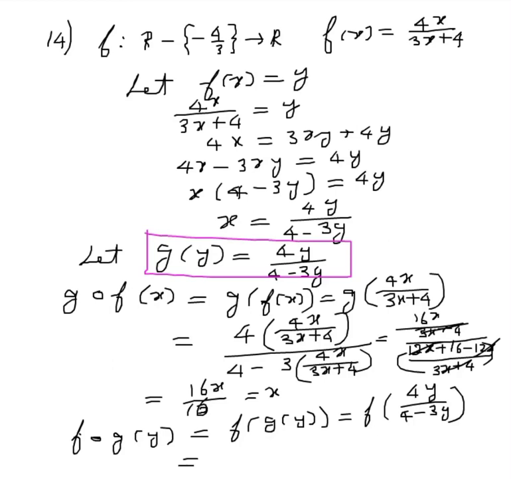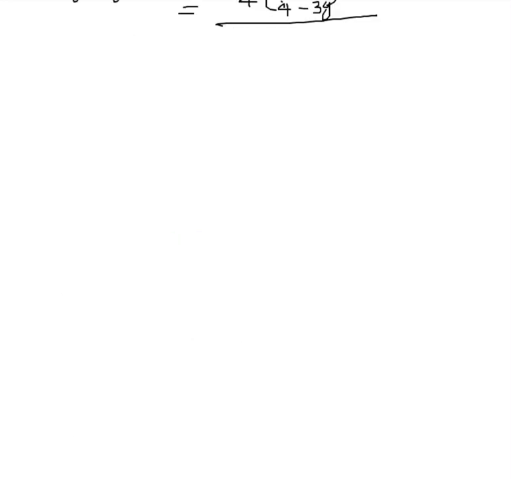F function is 4x divided by 3x plus 4. 4 times x, our x here is 4y divided by 4 minus 3y, divided by 3x, x here is 4y divided by 4 minus 3y, and plus 4.